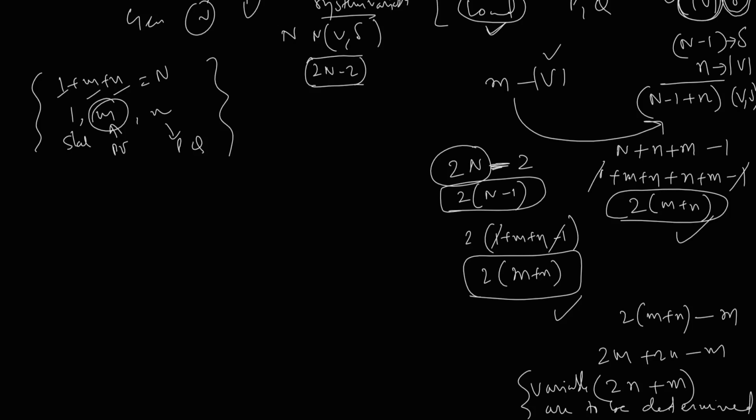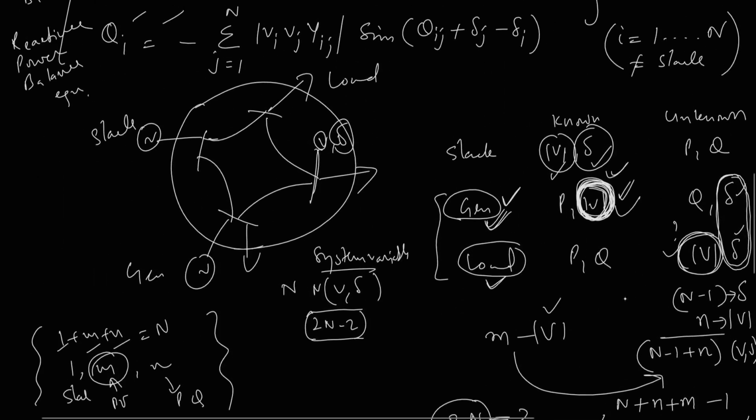Okay. So in case of Newton-Raphson polar form, these many variables are unknown and we have to determine them. Now, at how many buses is P specified?